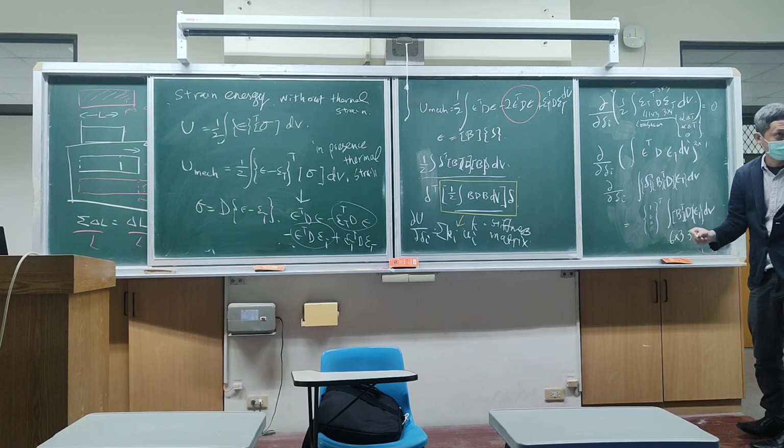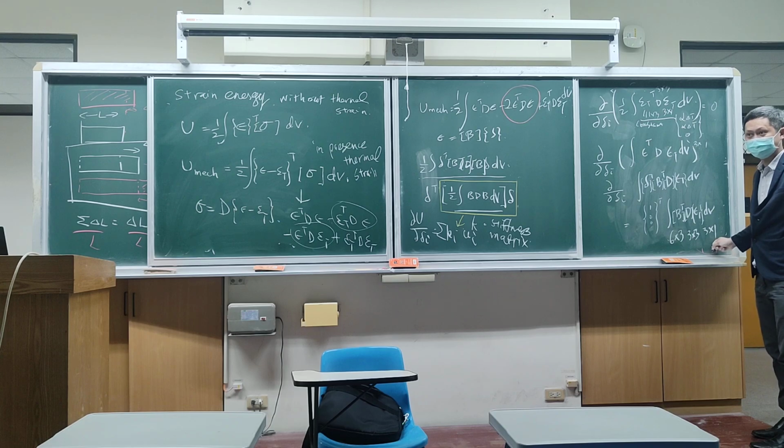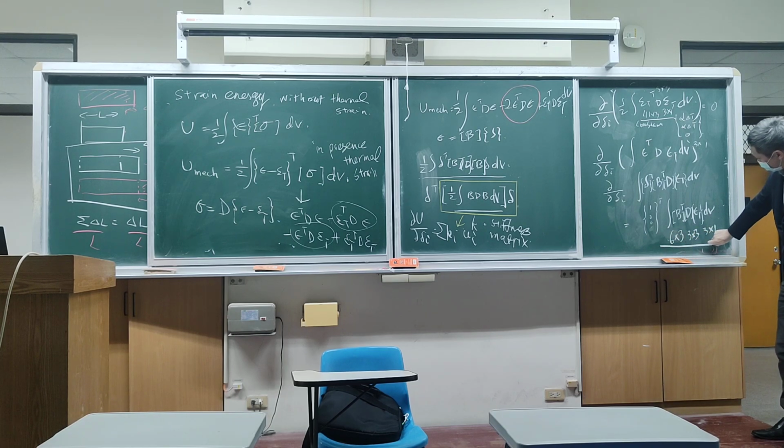Is 3 by 3. And then the last one is the strain vector. Thermal strain vector is 3 by 1. So after you have done all this, you find out you have one term. And this is what you call the nodal thermally induced force vector. The size is 6 by 1.